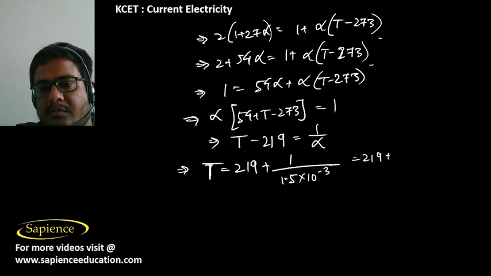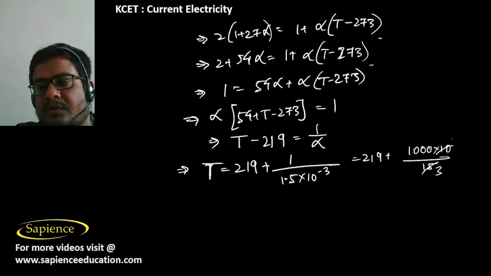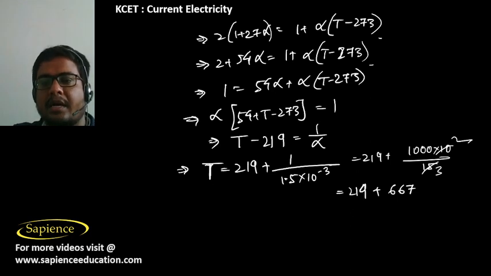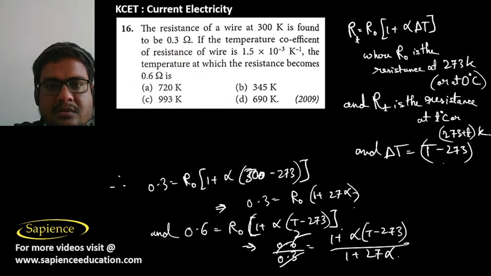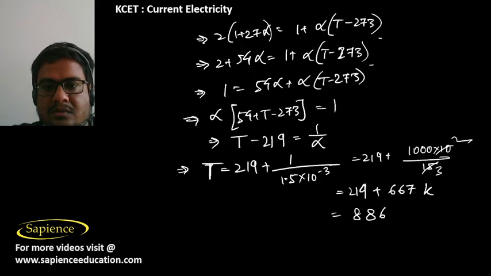This is 219 plus 1000 into 10 divided by 15, approximately this much Kelvin.